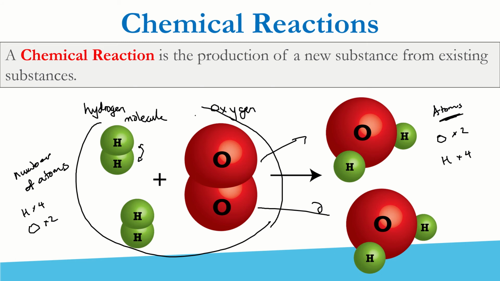Now this is something we'll talk about later on, which is called the law of conservation of mass. So the idea, conservation of mass, conservation of particles. The idea is whatever we start off with in our chemical reaction, we should get the exact same thing at the end of our chemical reaction. So the mass used is the same as the mass produced, and the number of particles we use would equal the same amount, or the number of atoms we used.